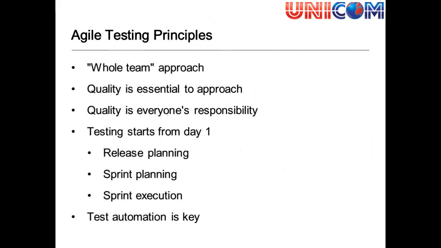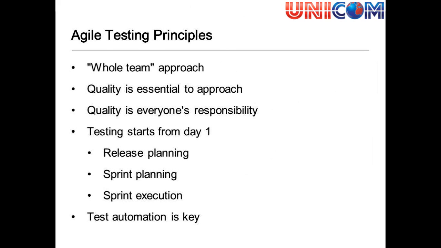So the Agile testing principles: it's a whole team approach. Remember that we're all in the Scrum team together, testers, developers, everybody you need to deliver that piece of software. So we're all working together, and when we're elaborating user stories, the test aspect needs to be there. Quality is essential to the Agile approach.